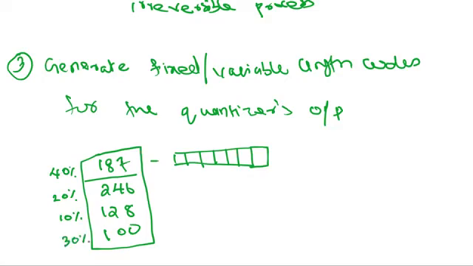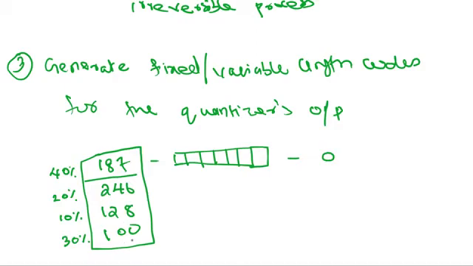So instead of giving an 8-bit representation to all these different intensities, we first look at which symbol is occurring quite frequently. You can see that 187, at 40%, occurs in this image most frequently. So I will represent it with the shortest length code, let's say 0. This is just an example.